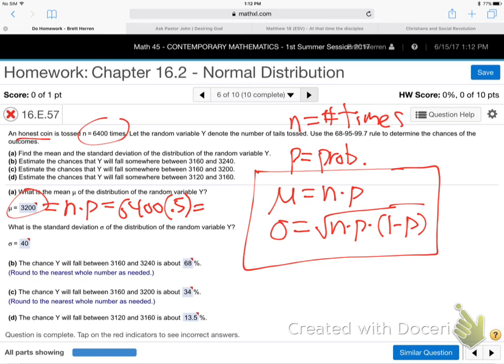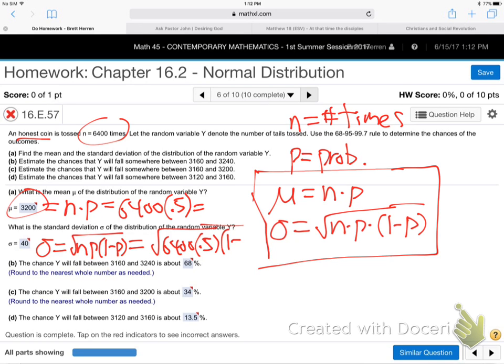And the next part, the sigma, is the square root of NP times 1 minus P. So that's going to be the square root of 6,400 times 0.5 times 1 minus 0.5, like that. So you guys have your calculators? Could you get that number okay? That's going to be the square root of 6,400 times 0.5 times 0.5.